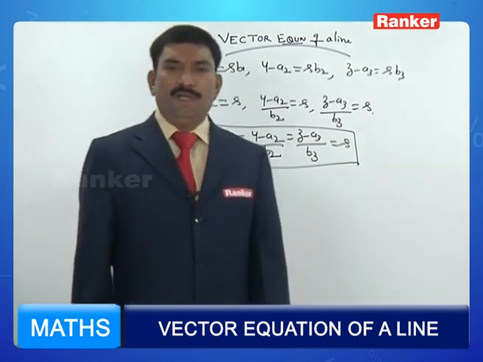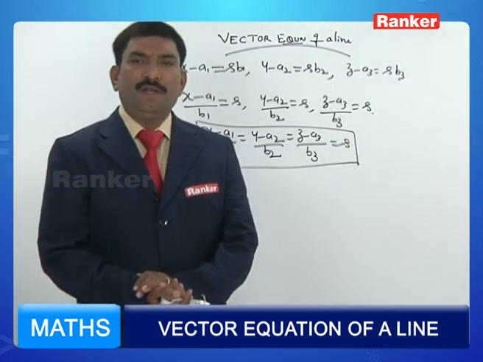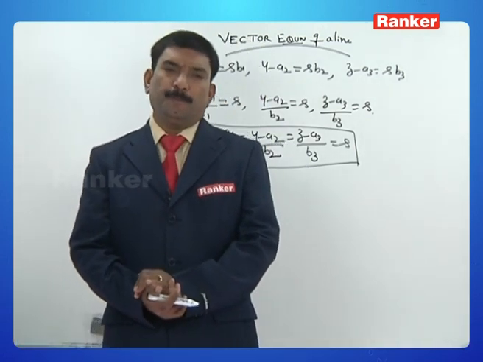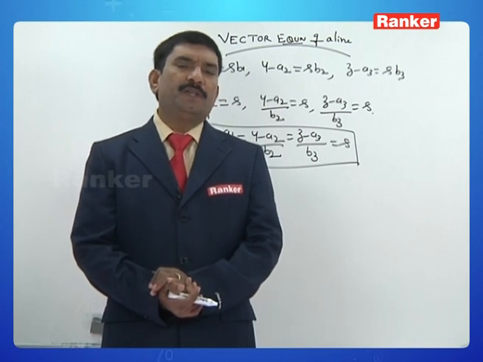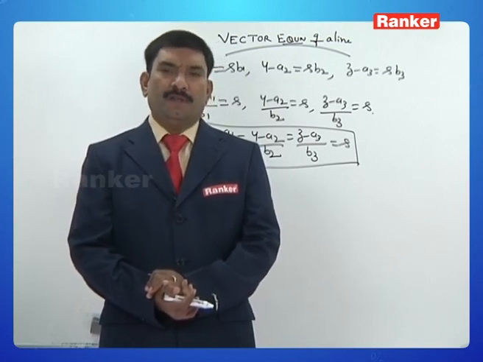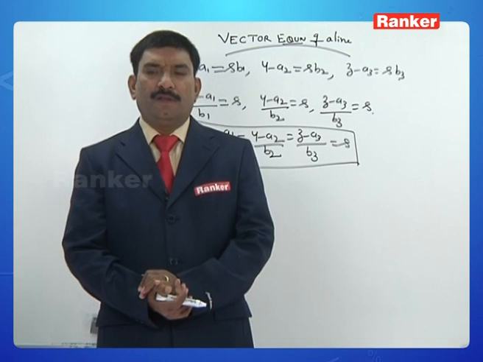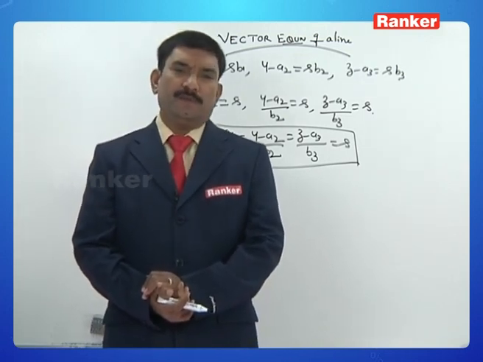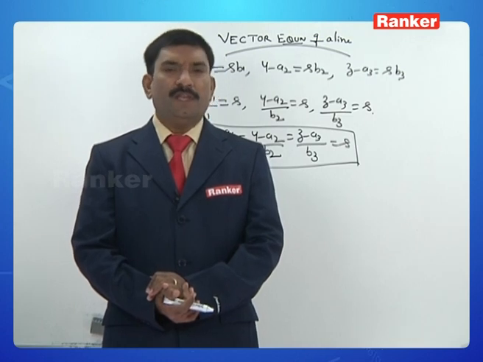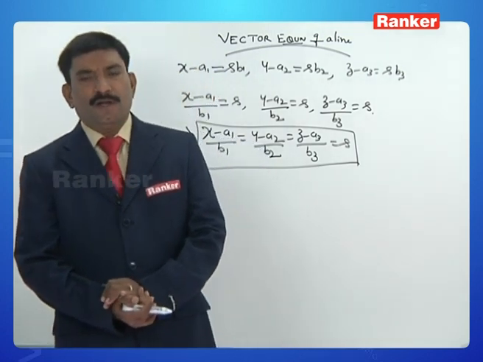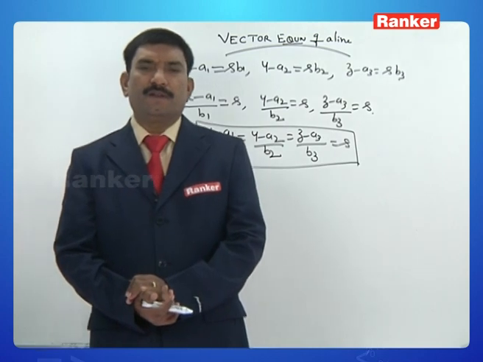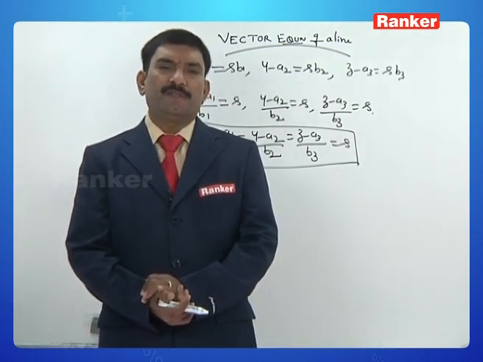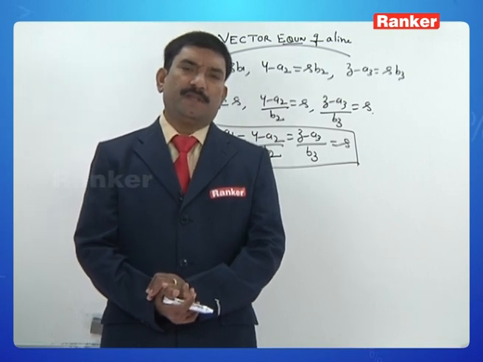These are known as Cartesian forms of a straight line passing through the point A bar, where A bar is equal to a1 i plus a2 j plus a3 k, and parallel to the vector B bar is equal to b1 i plus b2 j plus b3 k.